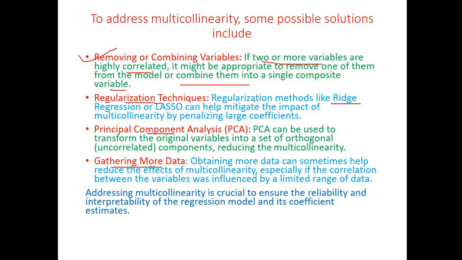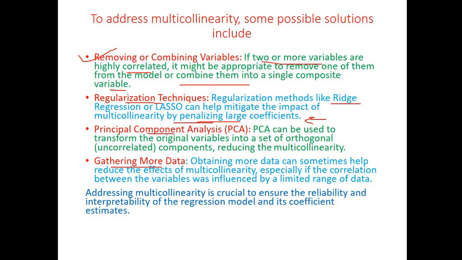Another technique used for eliminating the problem of multicollinearity is regularization. In regularization techniques like ridge regression or lasso regression, we can help to mitigate the impact of multicollinearity by penalizing the large coefficients. Penalizing the large coefficients means it may be like removing the large coefficients.